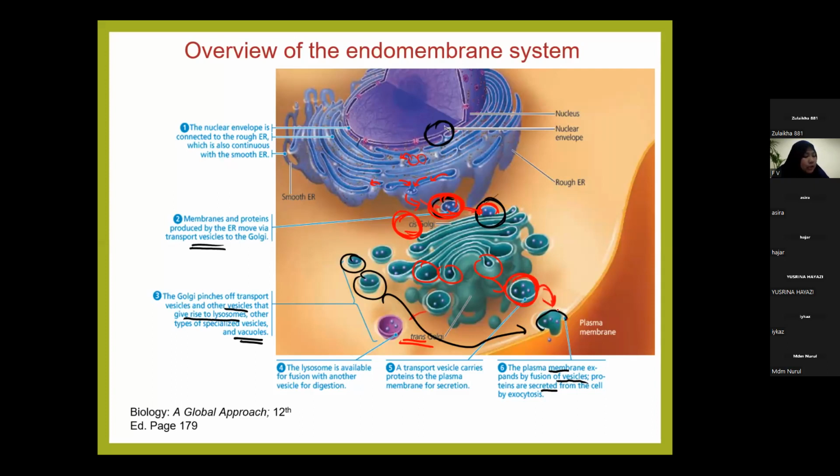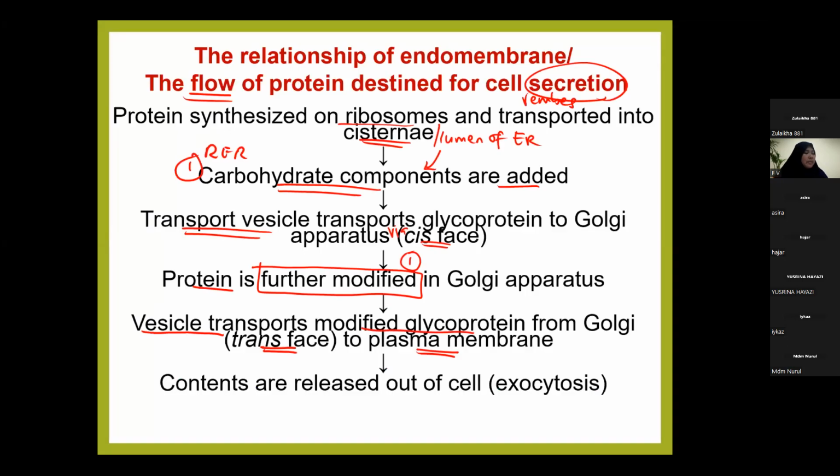So vesicle tu akan fuse dengan plasma membrane, and then next what happen? Content will be released out from the cell via exocytosis. So content, in this case, let's say hormon tu tadi will be released out, akan dirembes keluar daripada pancreatic cell via exocytosis. Exo tu maksudnya apa?